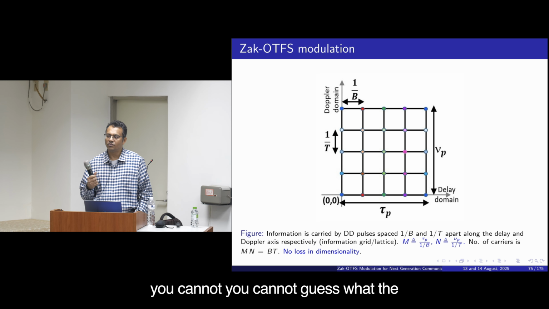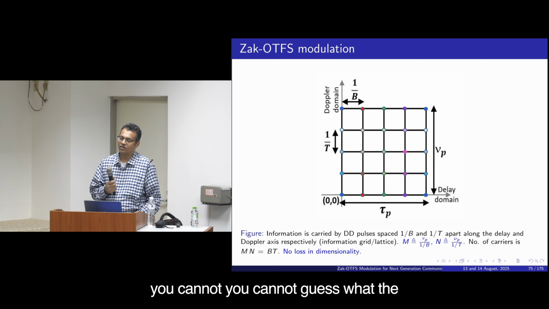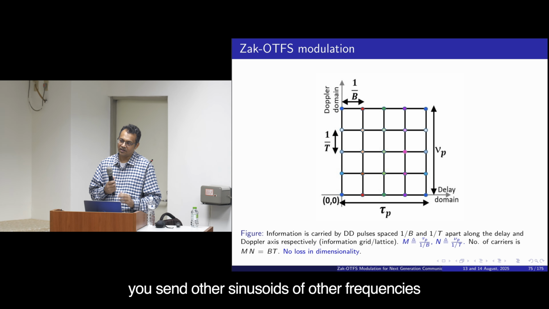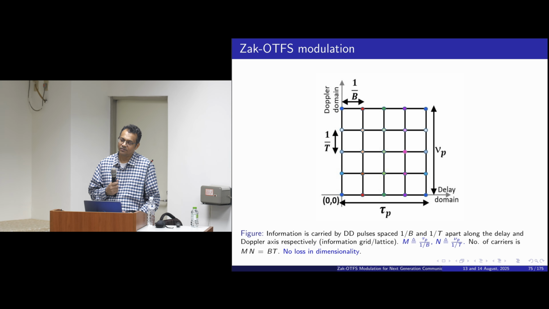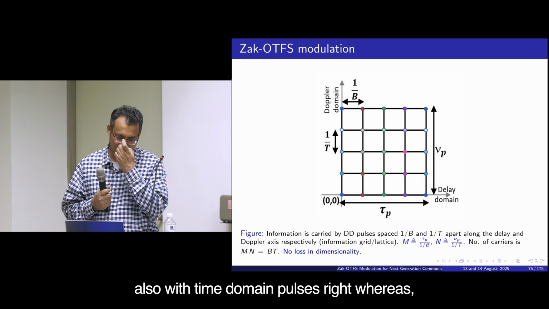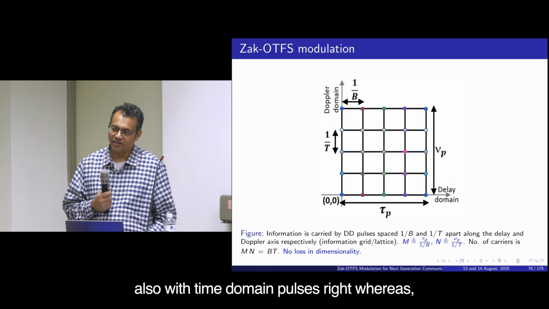From that response you cannot guess what the response of the channel will be if you send other sinusoids of other frequencies. That is the problem with OFDM, and also with time domain pulses, right.